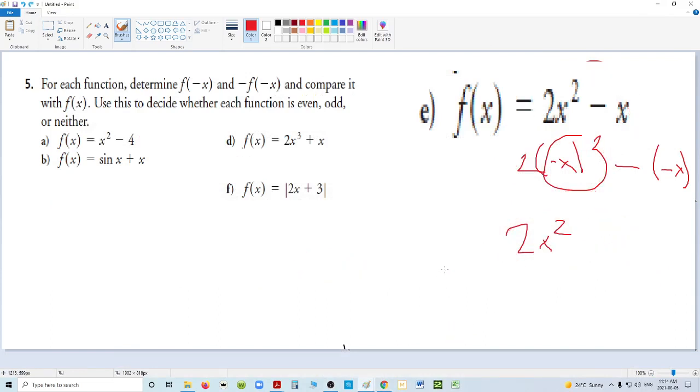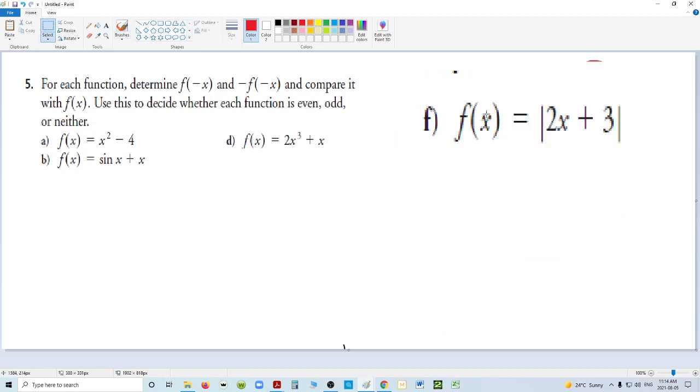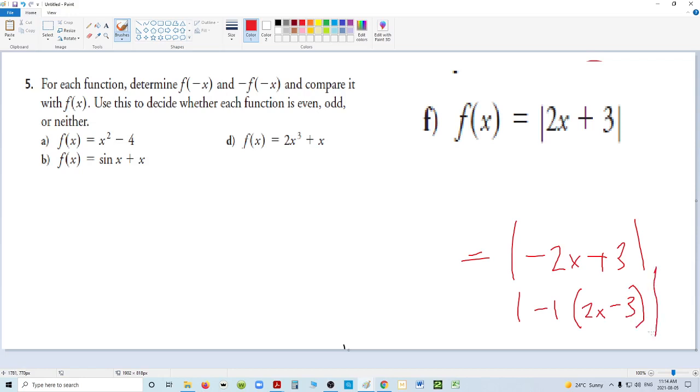Okay, we're going to go on to F. This one might be interesting. When I replace the x with minus x, I get minus 2x plus 3. And then when I take the minus out of it, I get minus 1 times 2x minus 3. This is interesting.